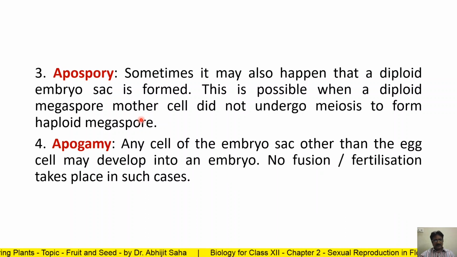Next is apogamy. Any cell of the embryo sac other than the egg cell, if it develops into an embryo, then it will be called apogamy. In the embryo sac, all are products of sexual reproduction, and they have come from the megaspore mother cell undergoing meiosis.